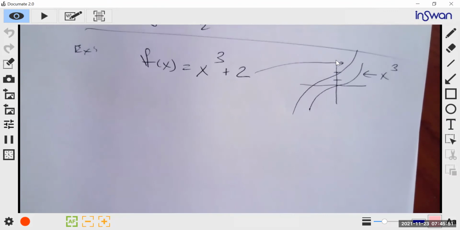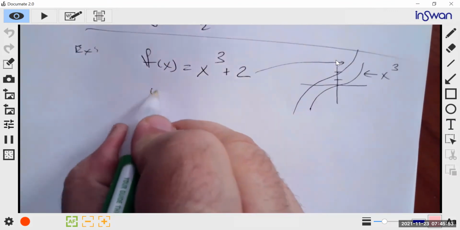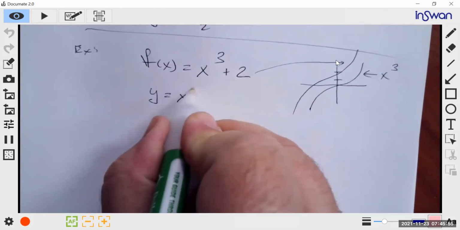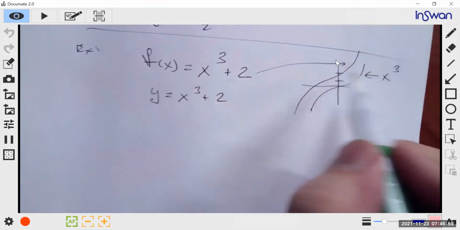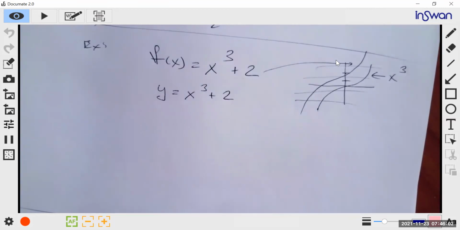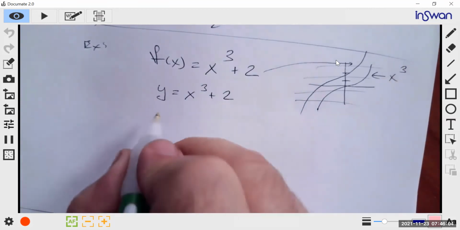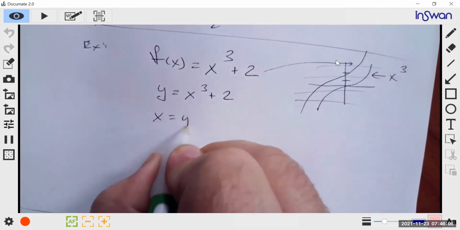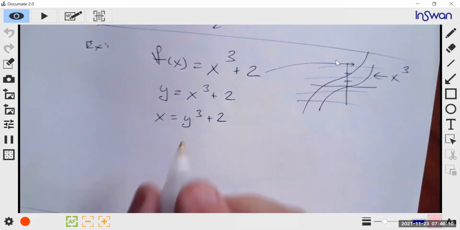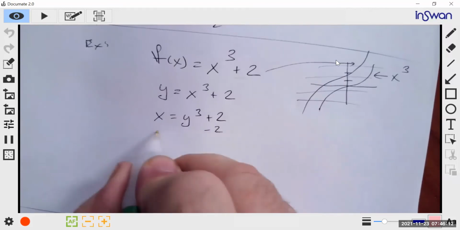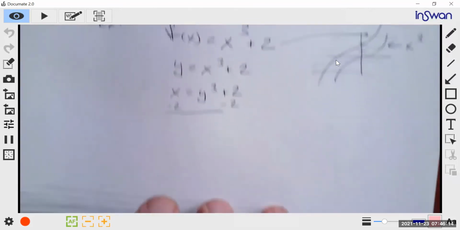The transformations. So first off, change that to y. We see that it passes the horizontal line test. Switch x and y. Solve for y. Subtract 2.